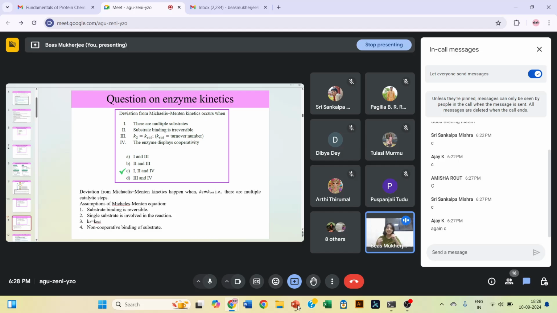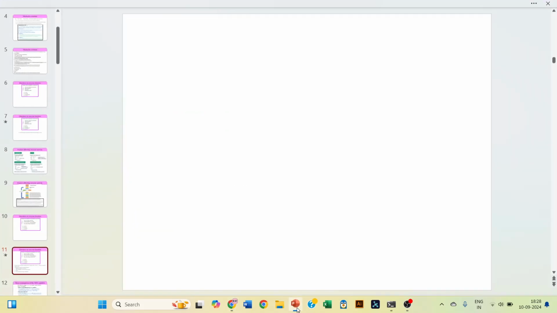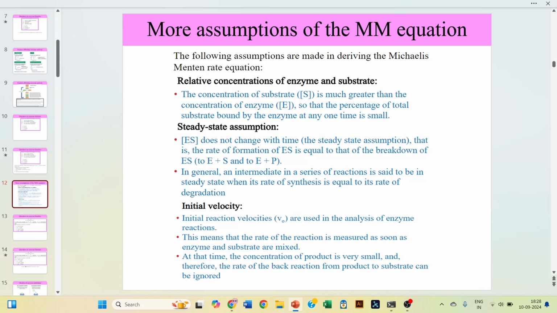Okay, so single enzyme, single substrate interaction, that is very well explained by Michaelis-Menten equation. And therefore, all of these three are deviations from the Michaelis-Menten kinetics. Okay, right. So we have some more assumptions, and we already talked about this. The relative concentration of the enzyme and the substrate. You know that the substrate is much more than the enzyme.